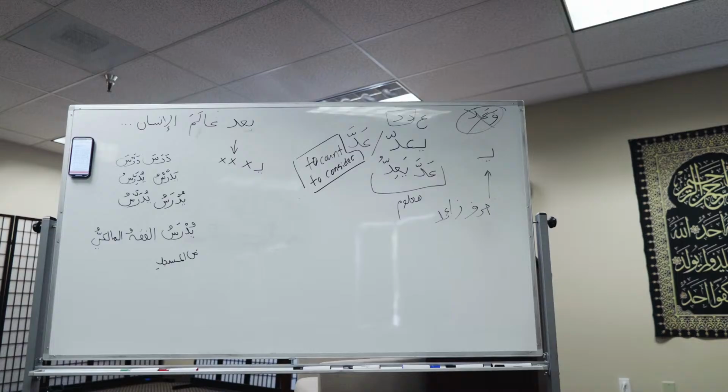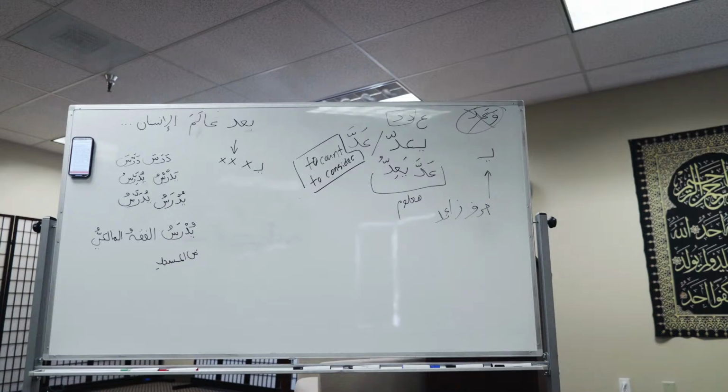Let's read that sentence, right? Yadrusu, active. Yudrasu, passive. How do we read this sentence? Okay. How would you then understand this?